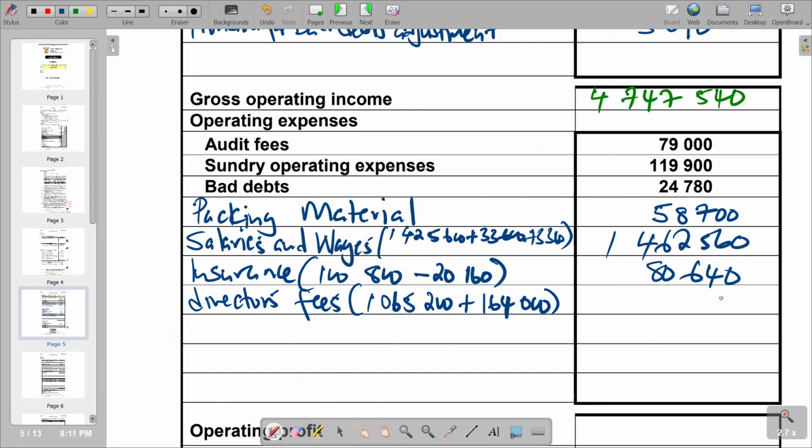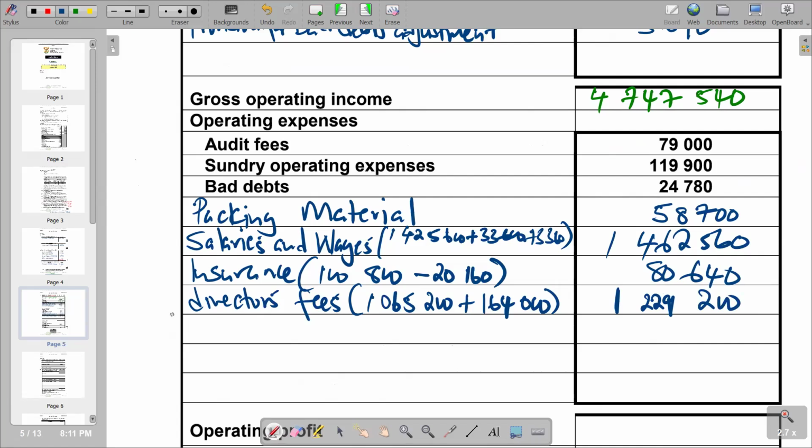So if you add the two, the total that you are supposed to get becomes 1,229,200. So that's what we have on the director's fees.